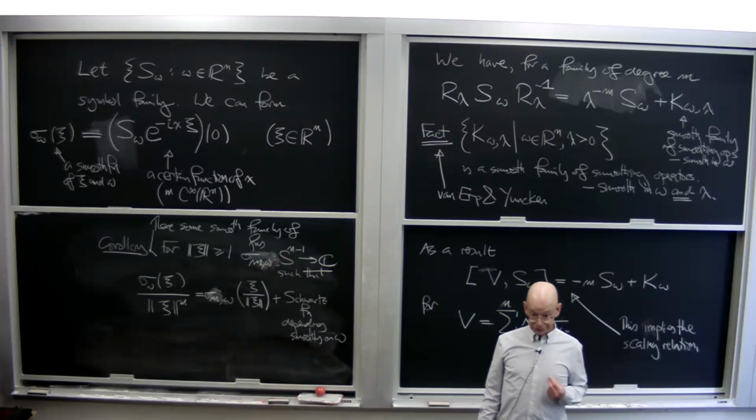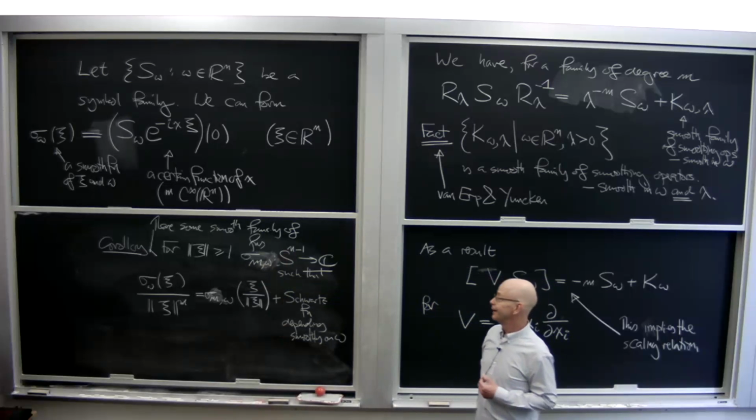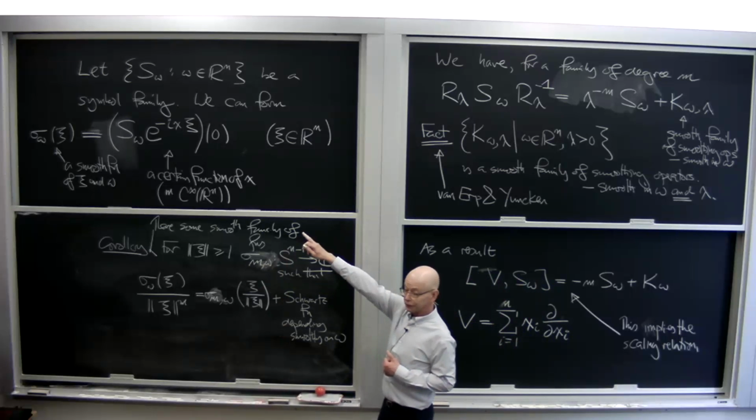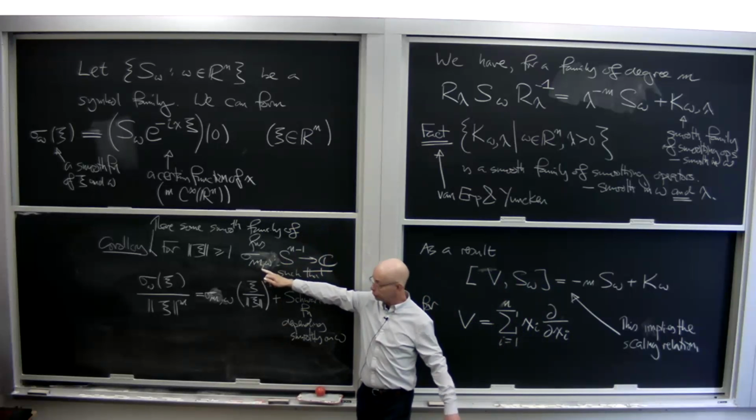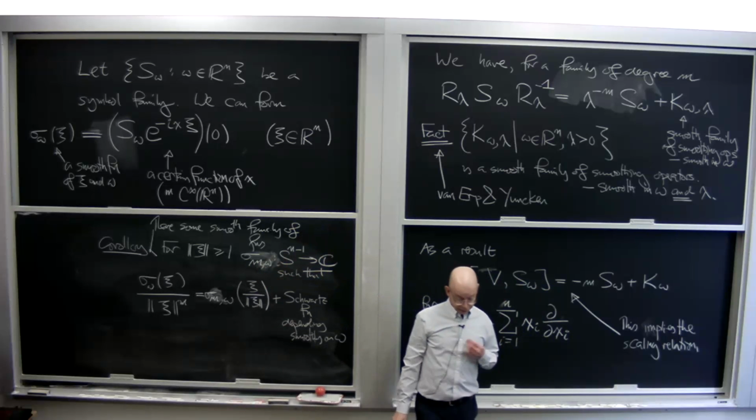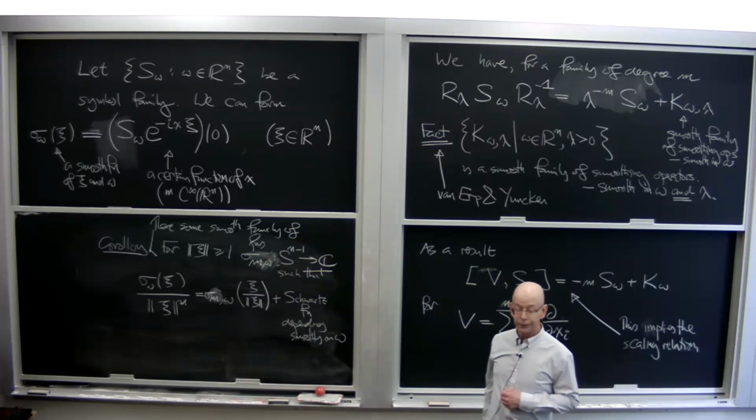So the principal symbol, which is the family S omega modulo smoothing operators, is exactly the same thing, as we'll see in just a moment, as a smooth family of smooth functions on the n-1 sphere, the unit sphere in Rn.